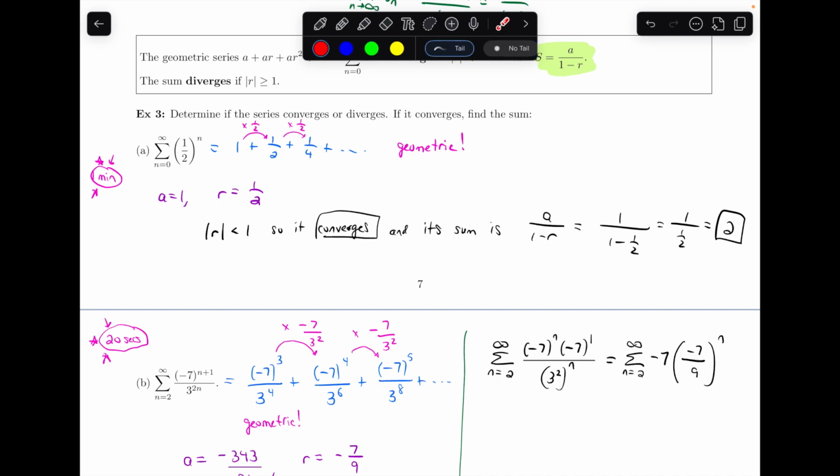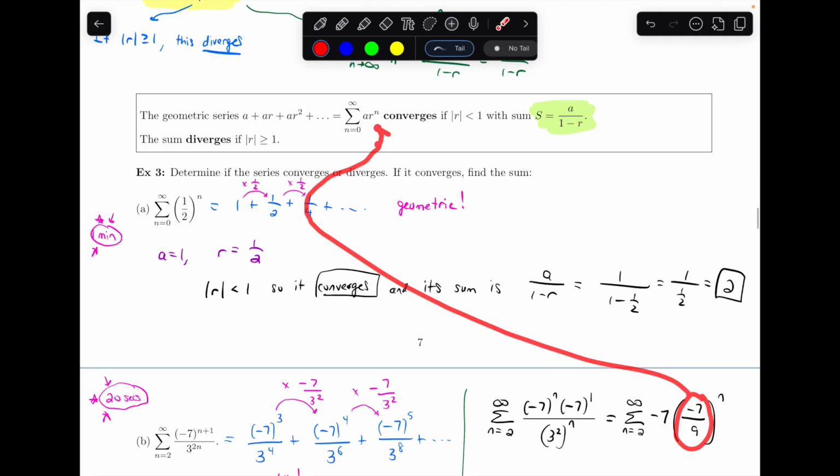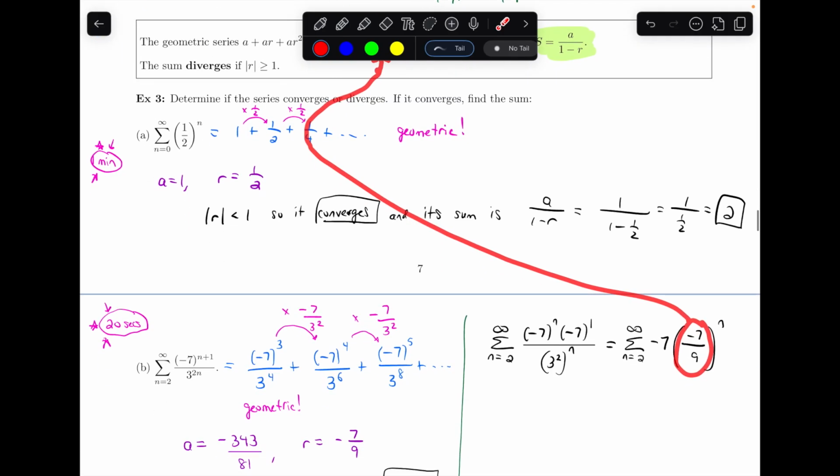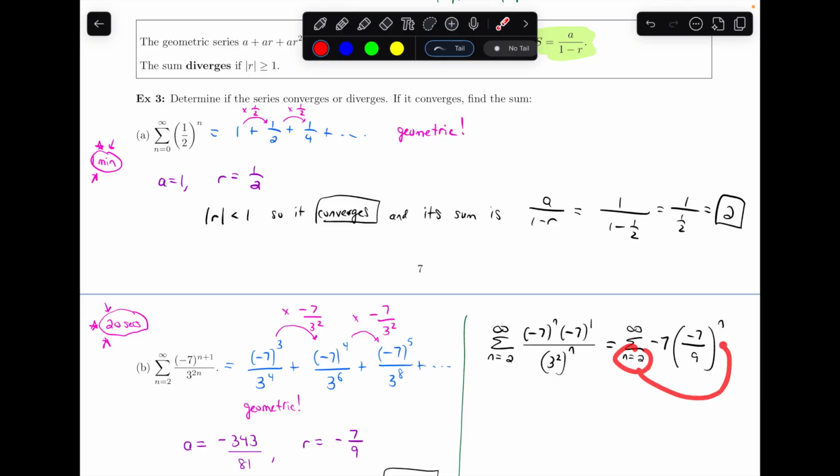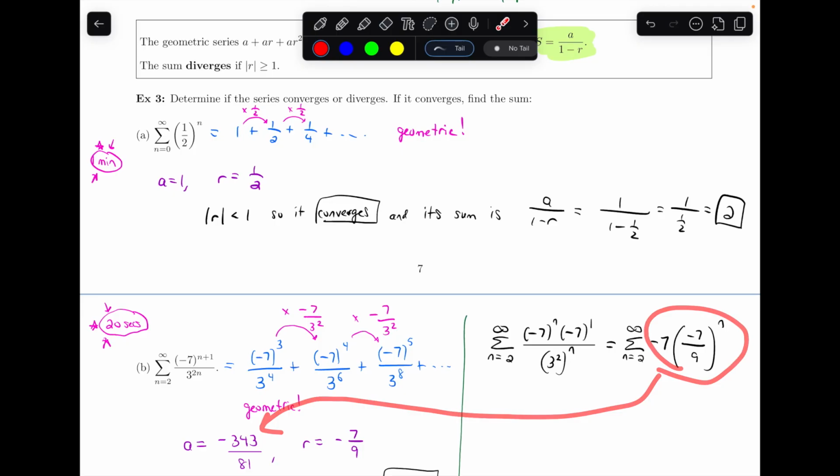Now if I look at this, this thing to the n power is my r, negative 7 over 9. That's the same thing we got here. The only thing I would need to figure out now is what this initial term is. To get that, I would just plug in 2 for n. If I did that and worked this out, I'd get my initial term, and that would lead me to the same sum that I had before.